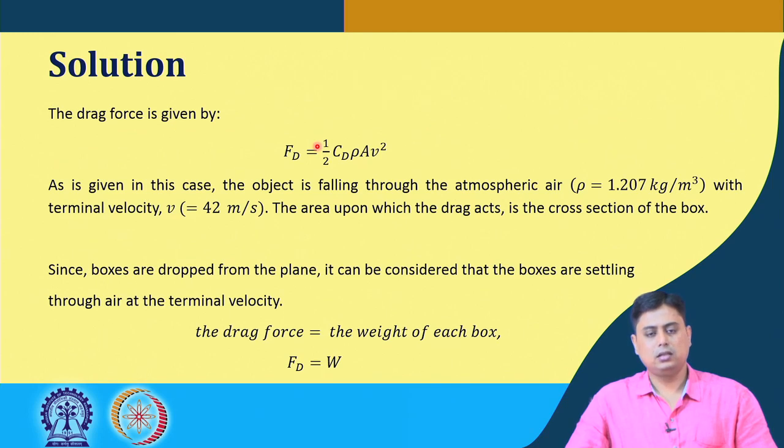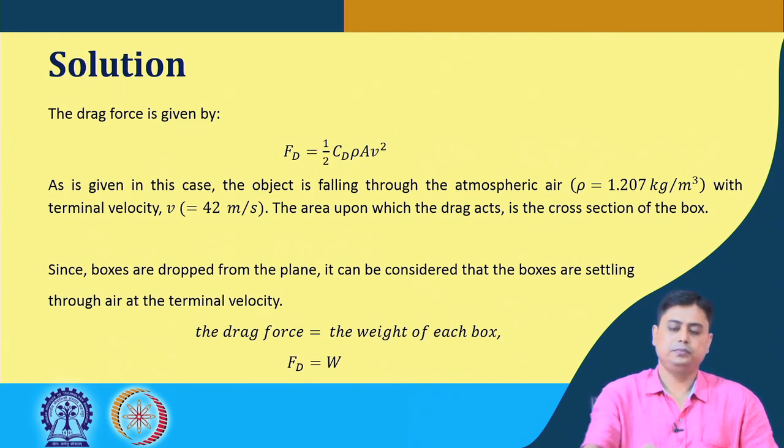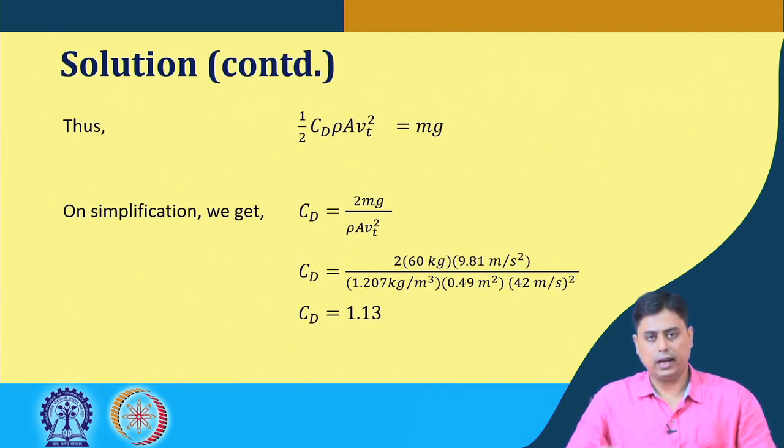Since it is the terminal velocity, the drag force is equal to the weight of the box, and that drag force expression contains CD, rho, A and V squared. Except CD, all these parameters are given. This is equated with the weight, which is mg, and we find what is CD. So, this is the drag coefficient of the box.